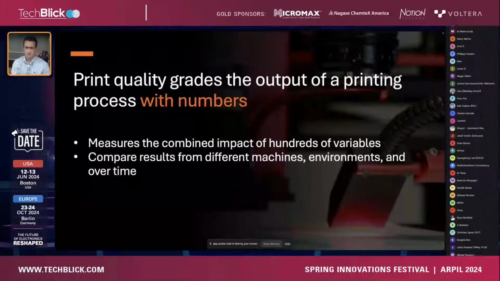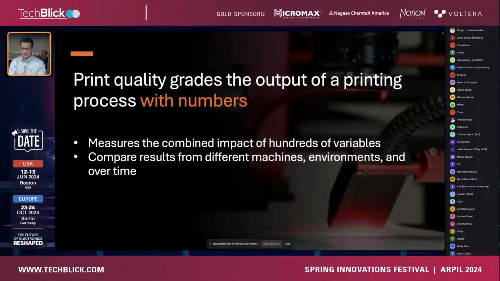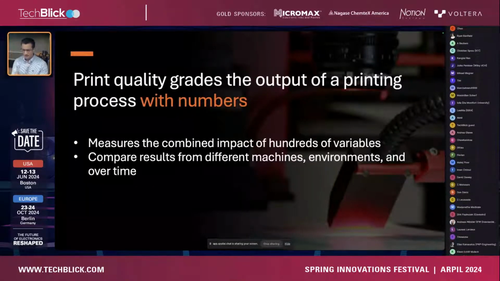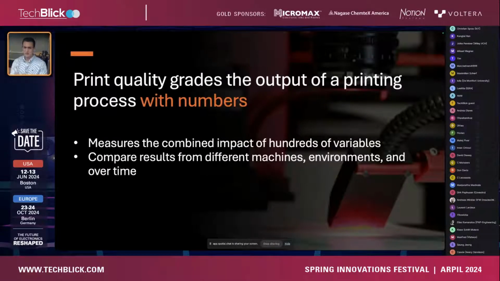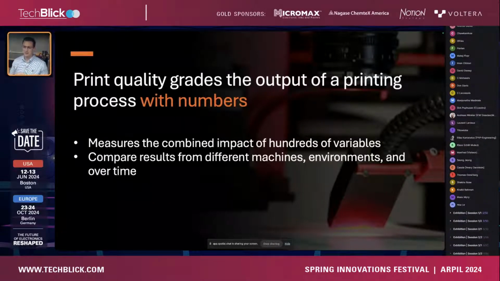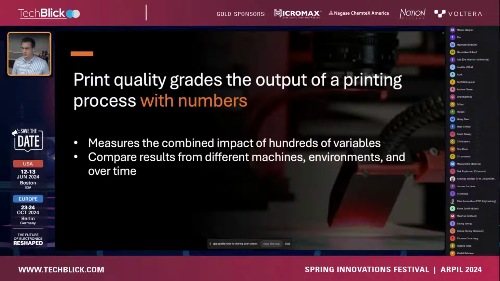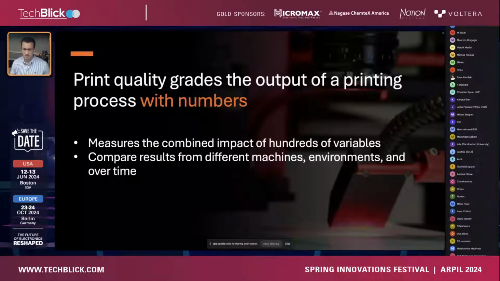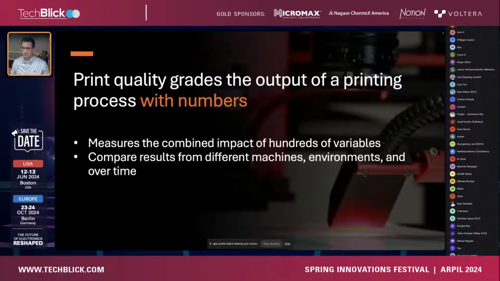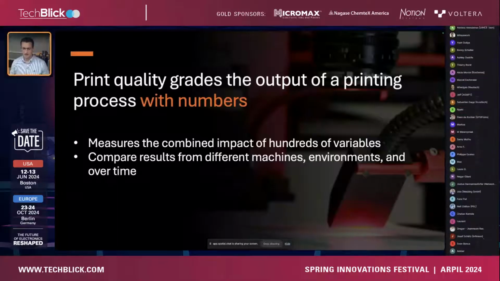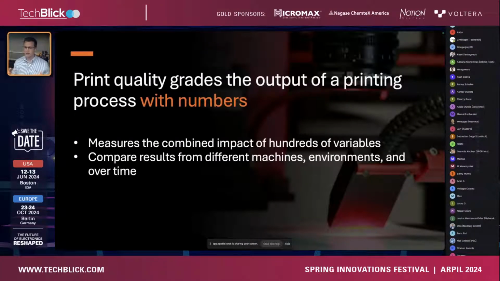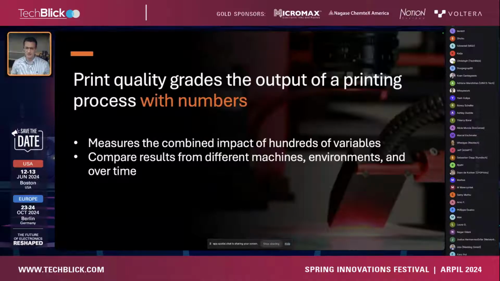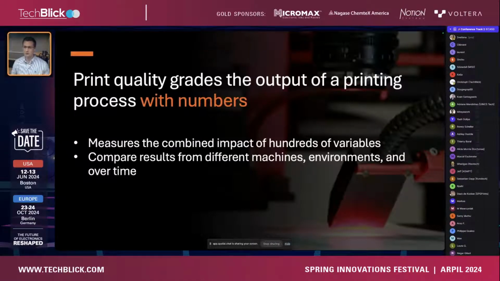The same is true for an image. What's nice about doing print quality analysis is it's evaluating what you're producing right at the end of the line. So all of the different variables that go into play, whether it's the formulation of the material that you're printing, the substrate, the speed, the height, print quality is kind of a final check to grade the output of all of those things working together.